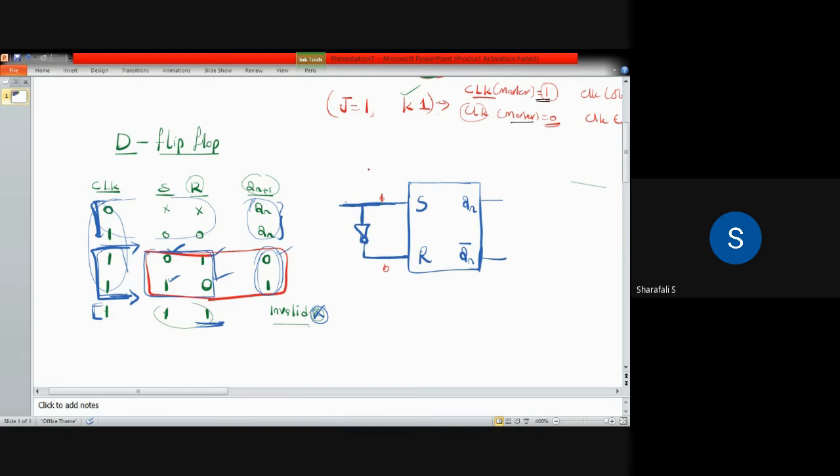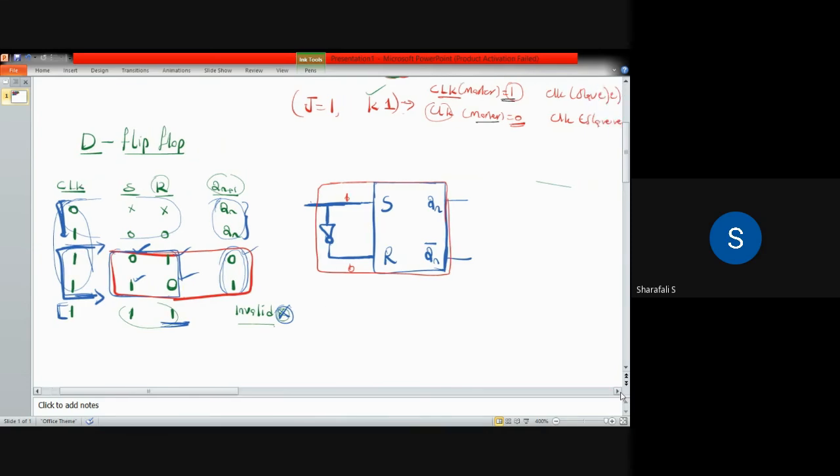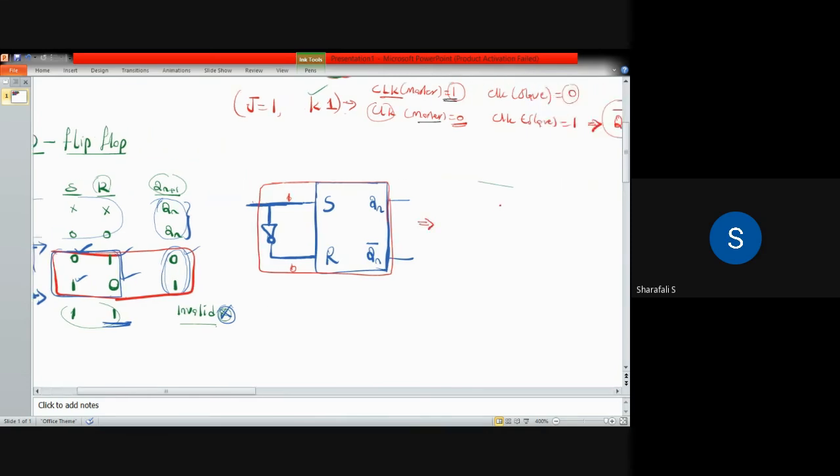So now if you consider this whole setup into a single box like this, then it will be looking like this. We have two outputs.